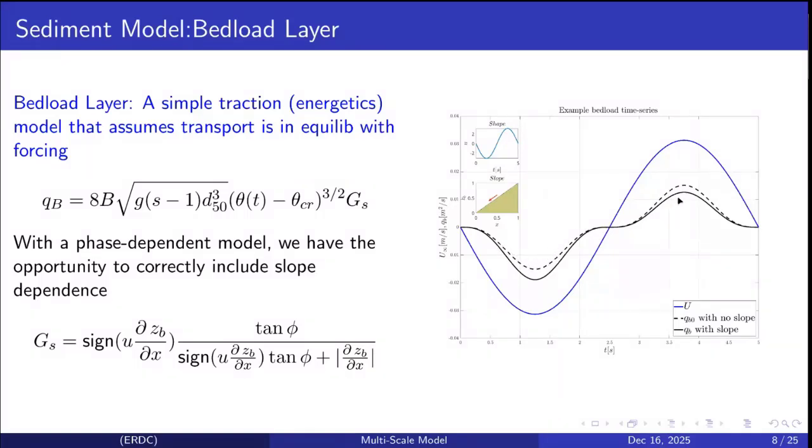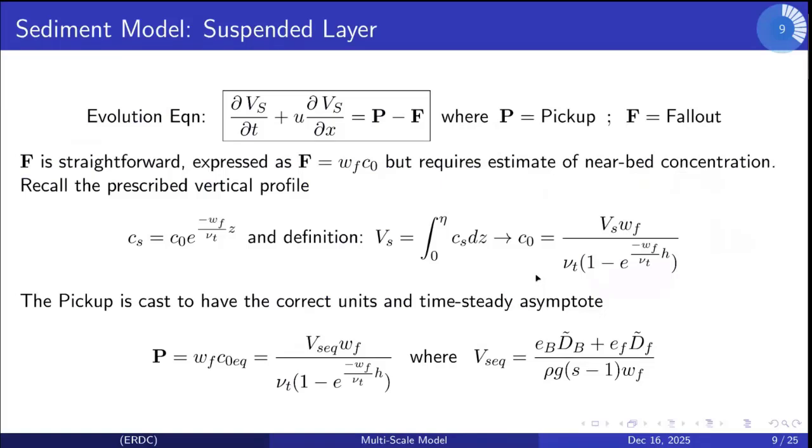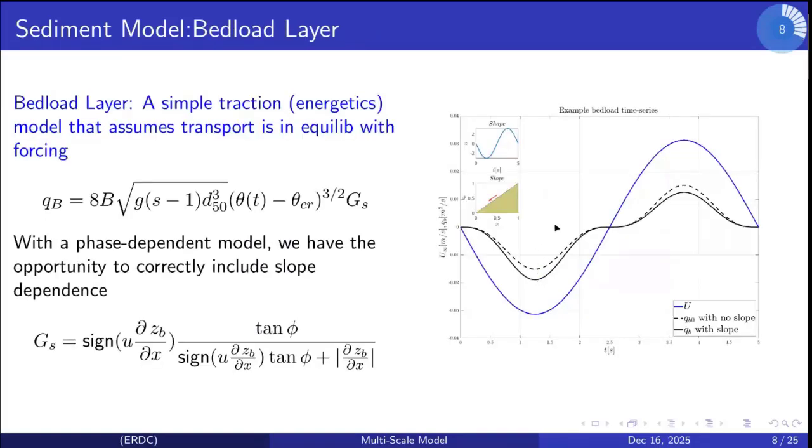But if you do include the slope, what you'll notice is there's less transport in the uphill phase of the wave, and an enhanced transport in the downslope part of the wave. You don't need to understand all the details of this, but you get an intuitive sense that if you have a slope that's heading uphill like this, you're going to have more downslope transport than upslope transport.